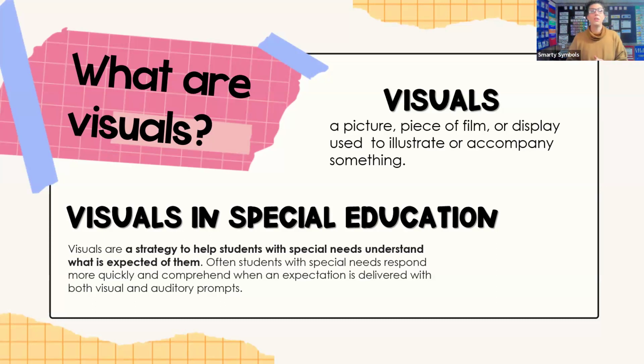Many students we work with struggle with processing, especially auditory processing, which means when I verbally say, please sit in your seat, they might not process that information as easily as we would like. In those situations, it's much easier to hold up a picture of somebody sitting in a chair to let them know that's the directive. So very much so in special education do we use these, but honestly, we can use them everywhere. I am always an advocate for using visuals in any classroom to support any students.